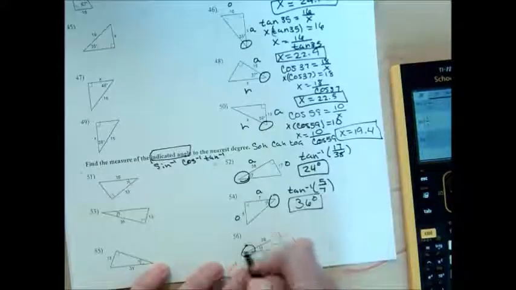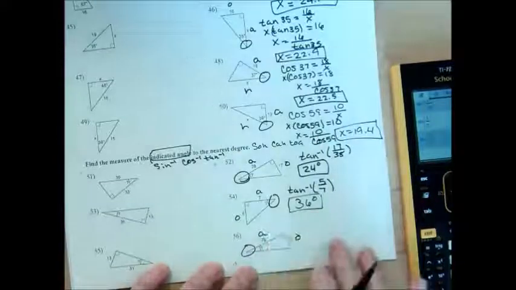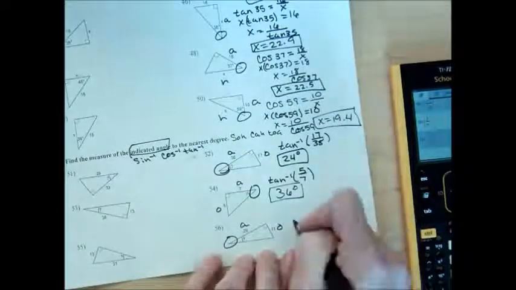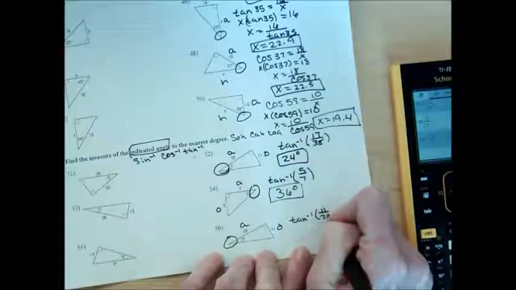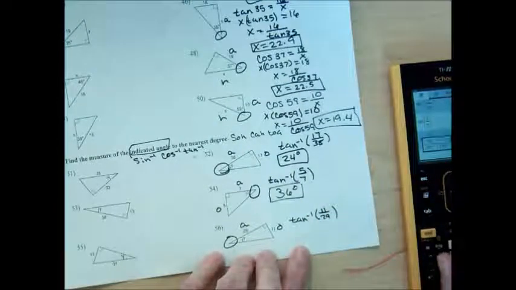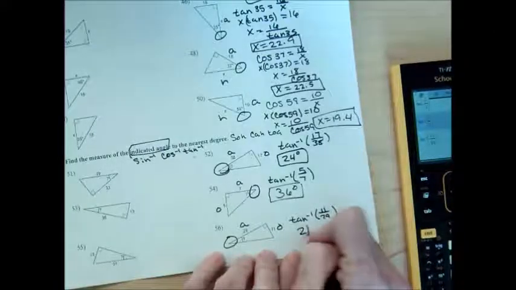All right, next, circle my angle, opposite and adjacent. Again, opposite and adjacent is tangent, so I'm using the tangent inverse again. Tangent inverse of 11 over 29. It gives me 21 degrees.